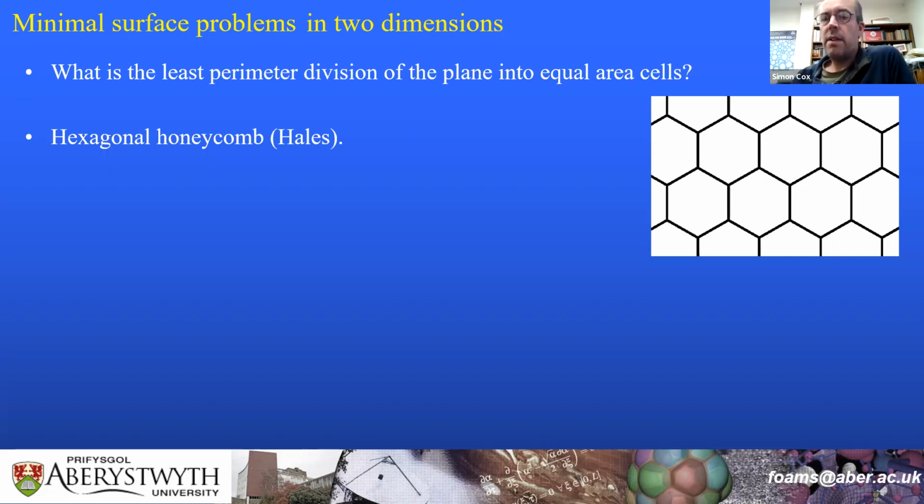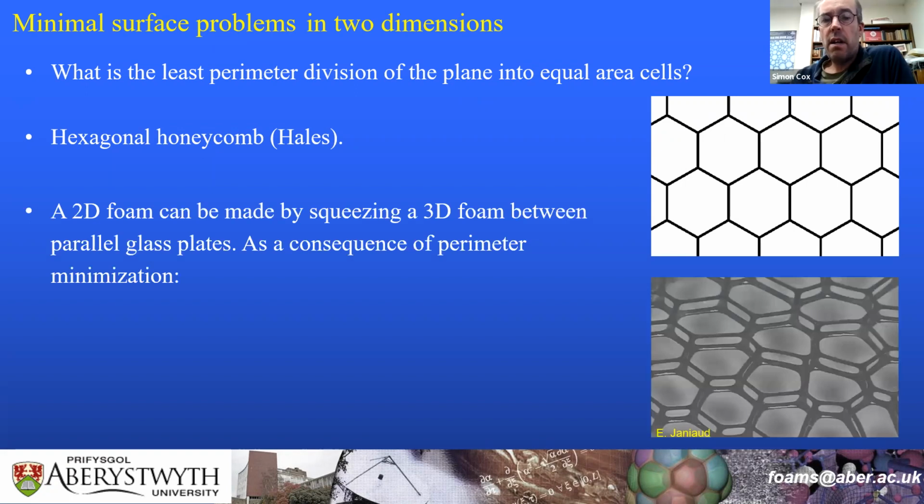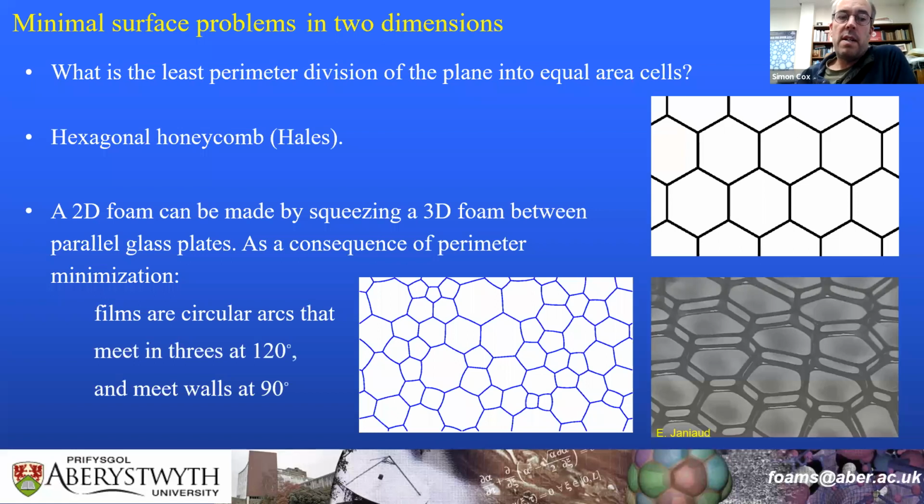And again, there is a foam analogy. One can make a 2D foam by squeezing a 3D foam between 2 parallel plates, normally glass or perspex plates, so that you can still see in. And then as a consequence of the foam minimizing its perimeter, every film is a circular arc.